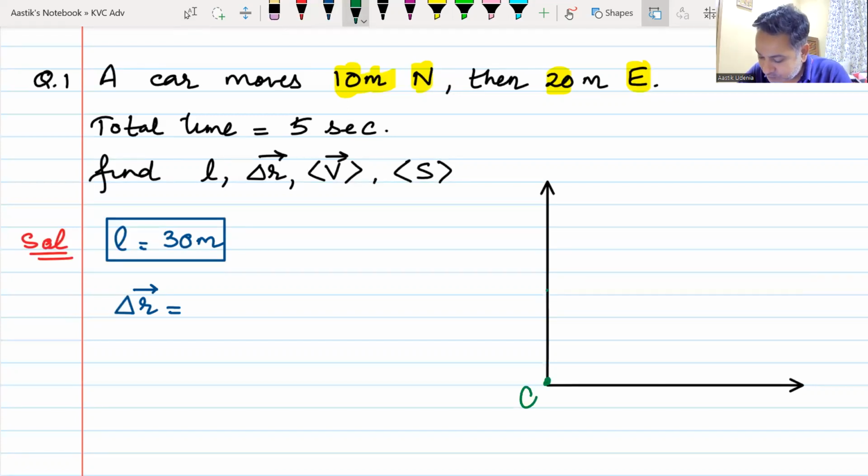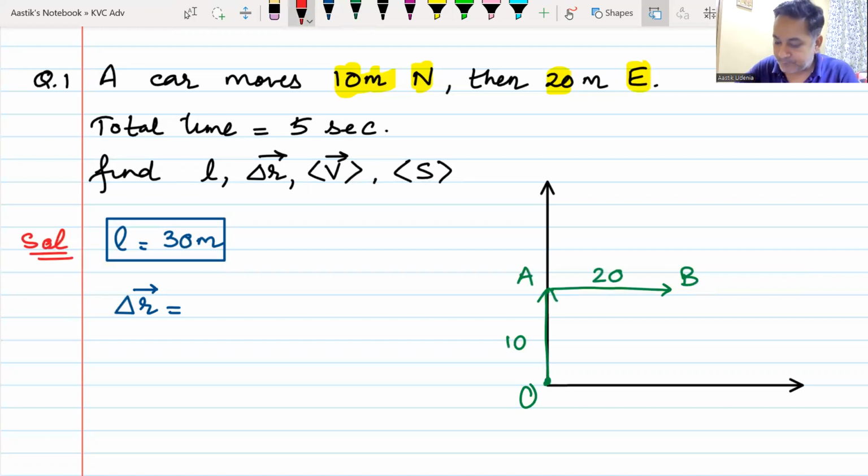He starts from this point O, then he moves from here to here, then from here to here. This is 10 meters and this is 20 meters. The displacement is this vector AB. I'm asking you its magnitude as well as its direction. So tell me what is the magnitude and what is the direction.